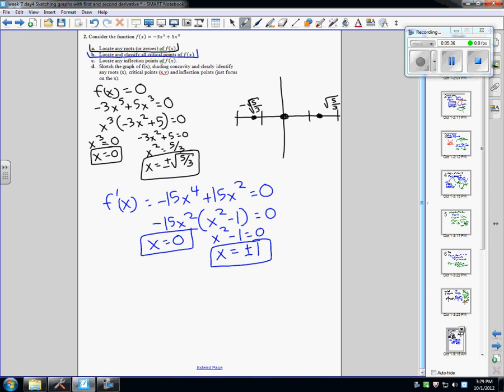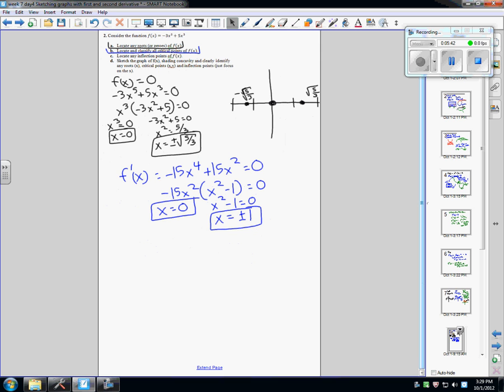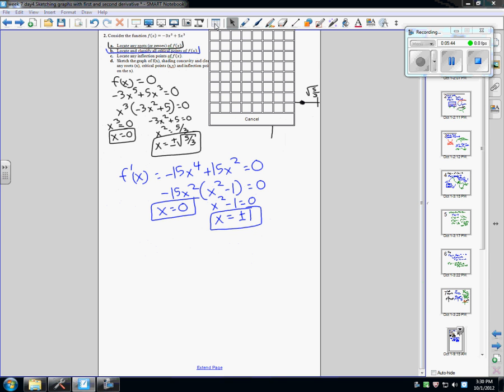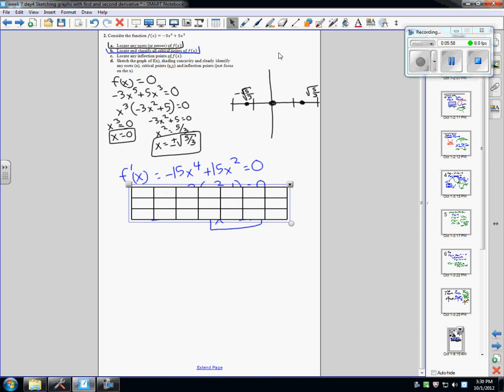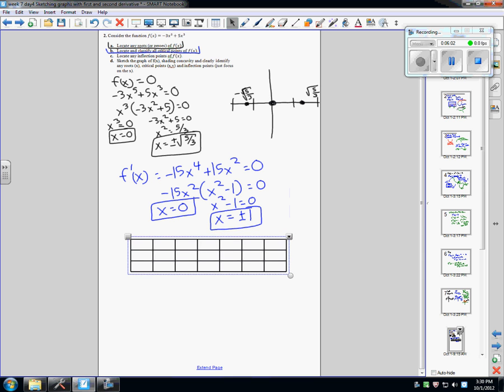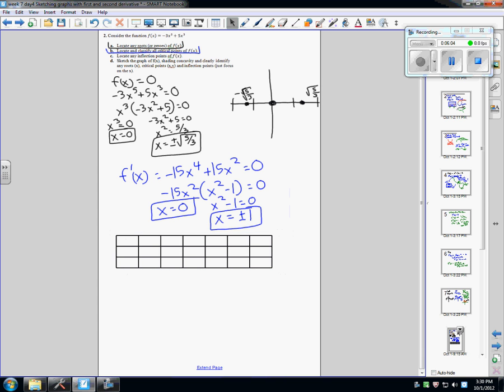So what we've been doing this week is you can set up a chart. If I have 0 and plus or minus 1, I have 3 points I care about, plus blanks in between. 1, 2, 3, 4 blanks in between. So I need a 3 by 7. I have x equals negative 1, x equals 0, x equals 1.